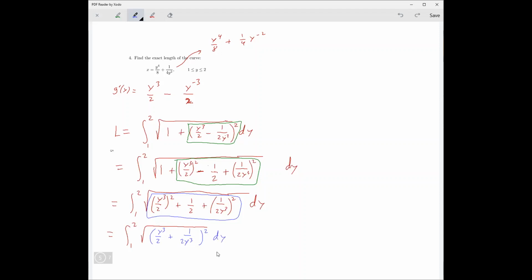And then because y is between 1 and 2, that means y is always positive. Means that's positive, everything's positive. So if I take the square root of this, it's just going to be this inside part.